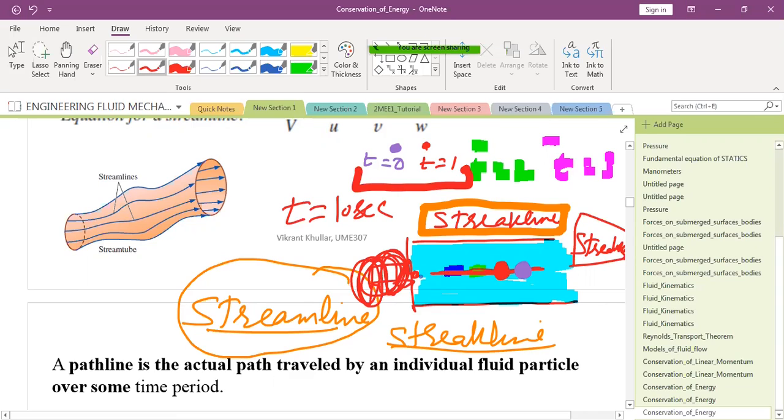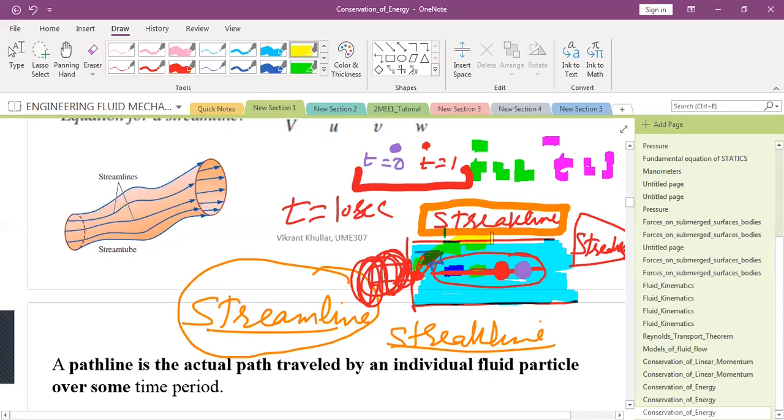The fluid particles injected at point A, although initially following a straight path, after the change started following some other path. So the streak line is changing with respect to time. Streamline I don't define with respect to time, I define it instantaneously.